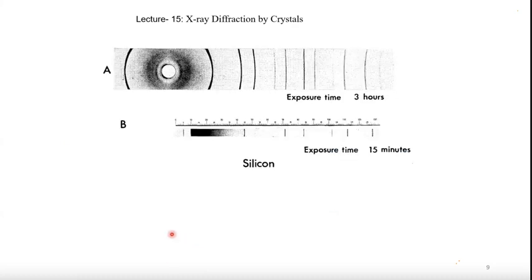What I show here in these slides and the next two or three slides: the upper one, A, is the diffraction pattern of silicon using a Debye-Scherrer camera. The lower one is silicon with the Guinier camera. In the upper one, exposure time was about 3 hours, and in the lower it's only 15 minutes.